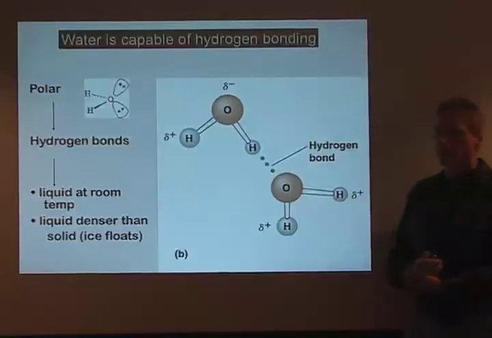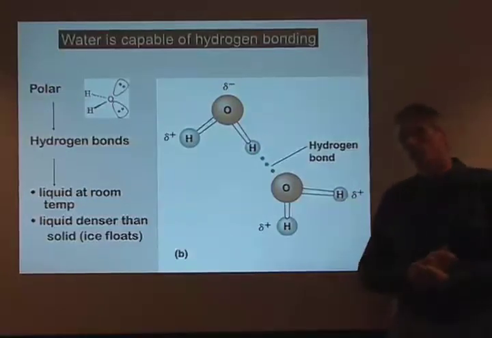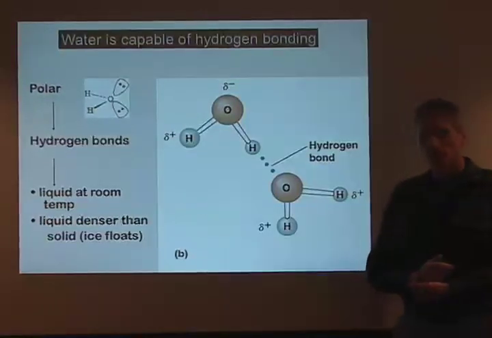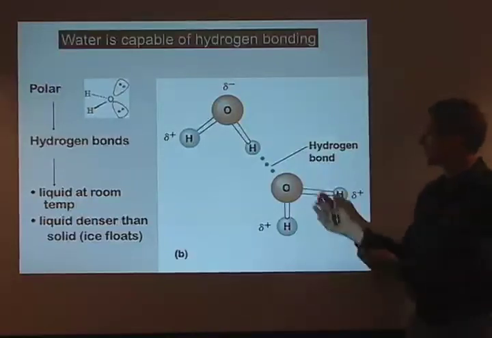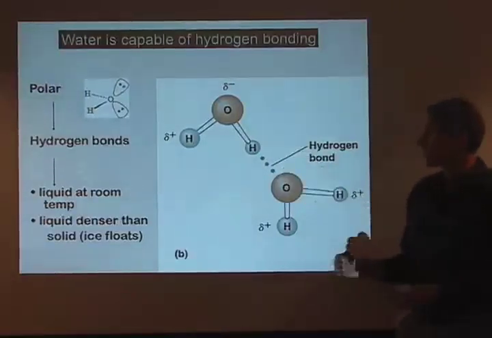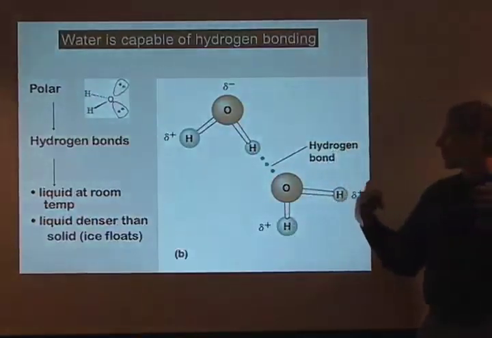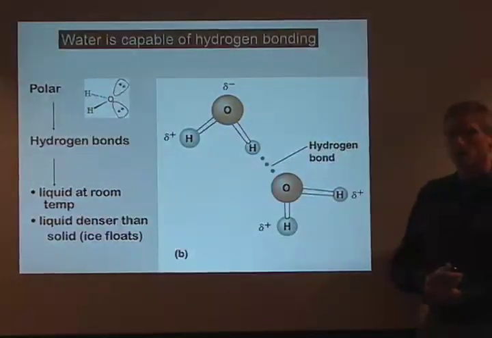So it's a weak bond, but it's there. And it all adds up to something. That's why water is liquid at room temperature, and that's why ice floats, because the liquid has a lot of hydrogen bonds, whereas in the solid, some of those hydrogen bonds are not as well formed.